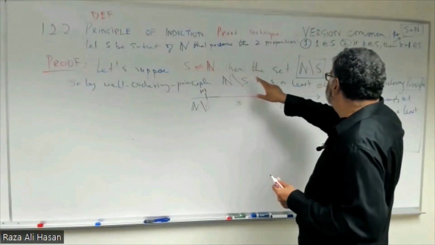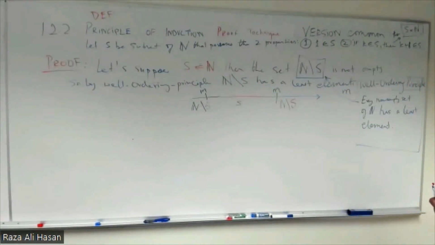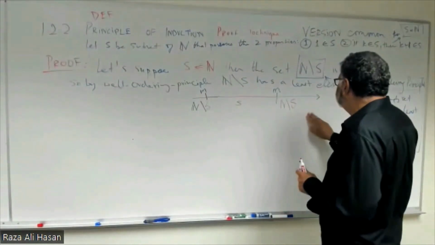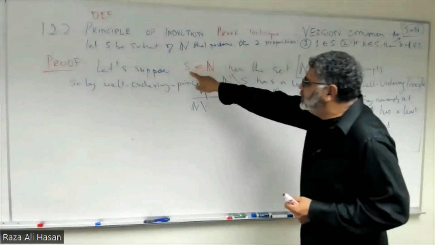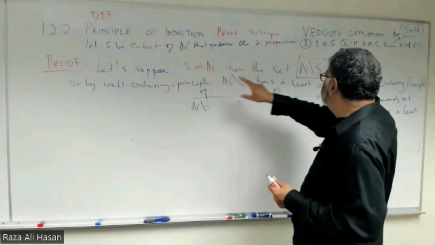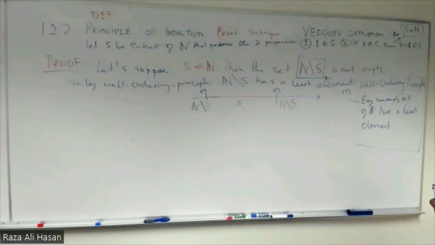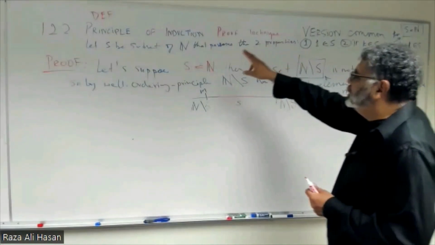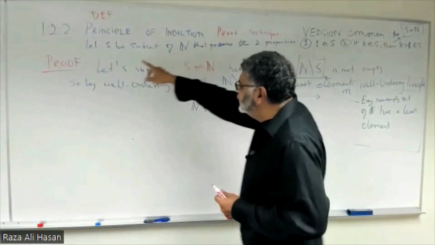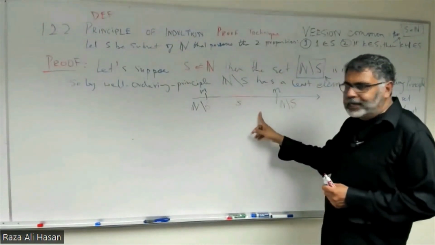We started with S is not equal to the natural numbers. The principle of induction says that S is a subset of N. That's why we have S in the middle in the red.